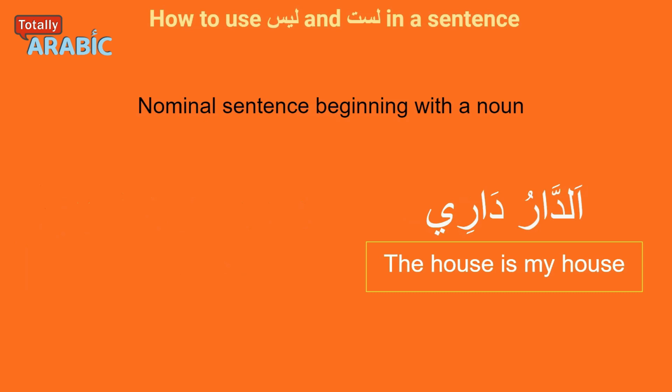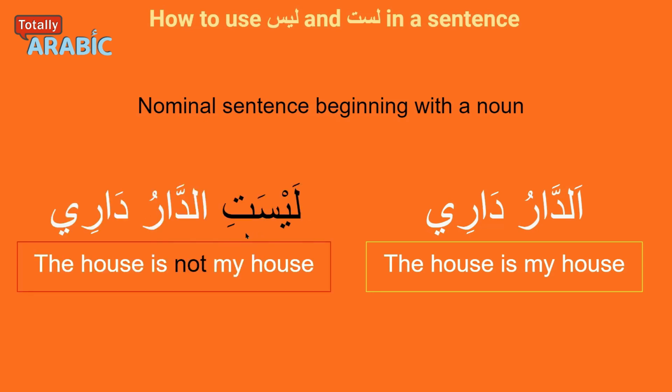What about this one here? Ad-daru dari, which means the house is my house. Here we added laysati simply because ad-daru is a feminine word. And because daru has alif and lam, this one will take a kasra. Laysati daru dari.